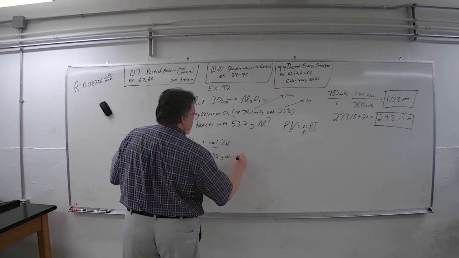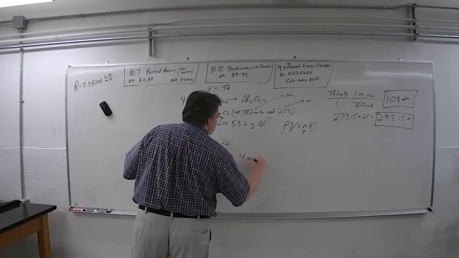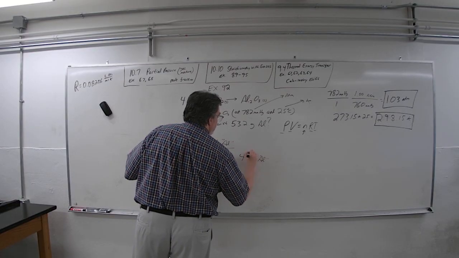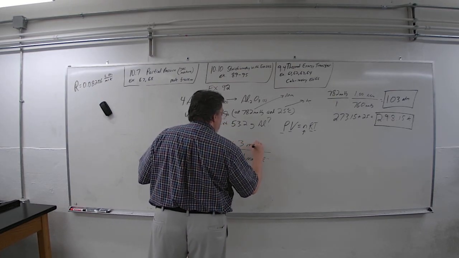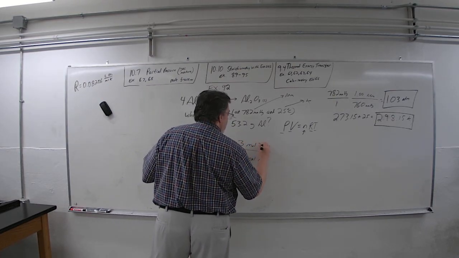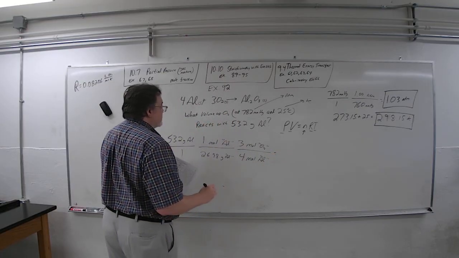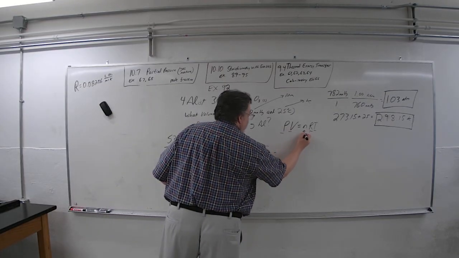And now our mole ratio, 4 moles of aluminum to 3 moles of O2. And that's going to give us the moles of O2. That's going to give us this.